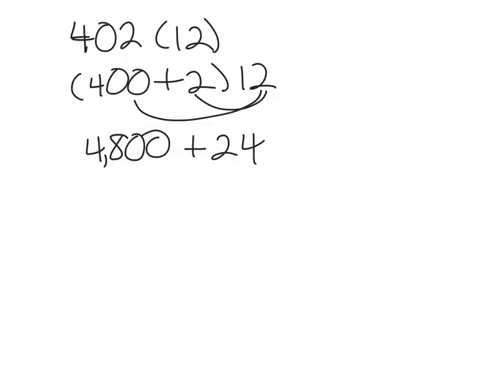And then I can pretty easily add those two numbers in my head and get 4,824. Okay? So once you start to think this way, it really helps you to be able to do a lot of things in your head that you couldn't do before.